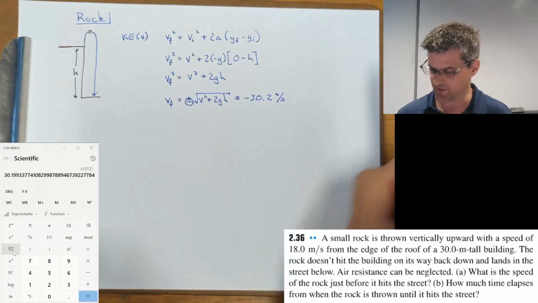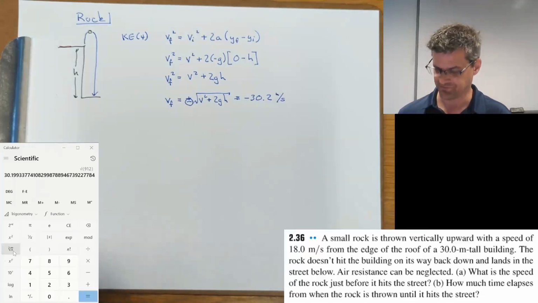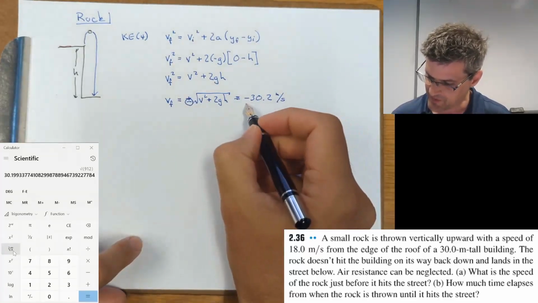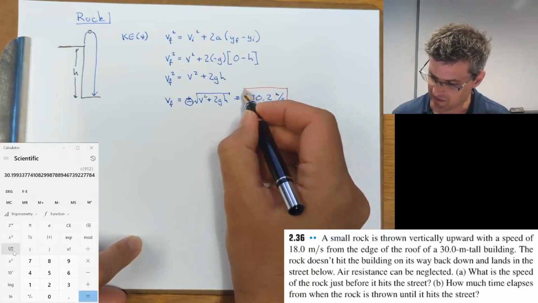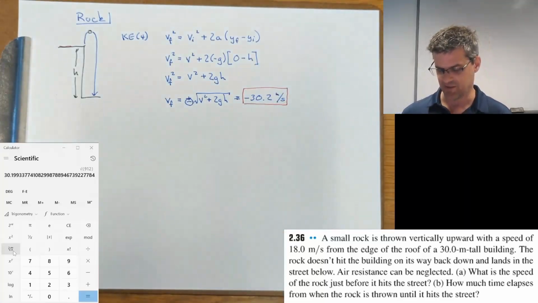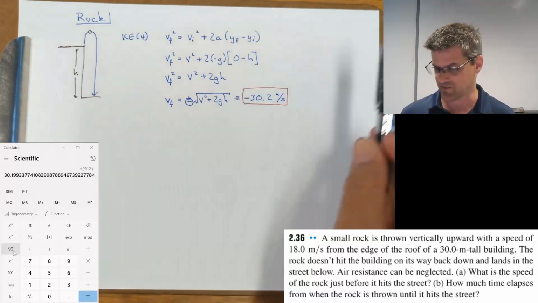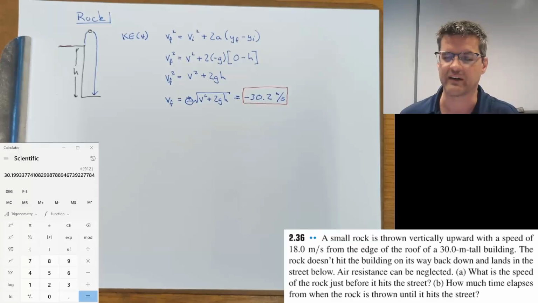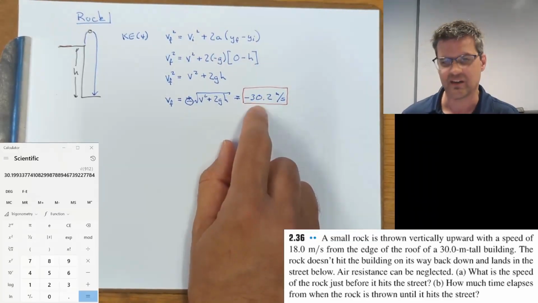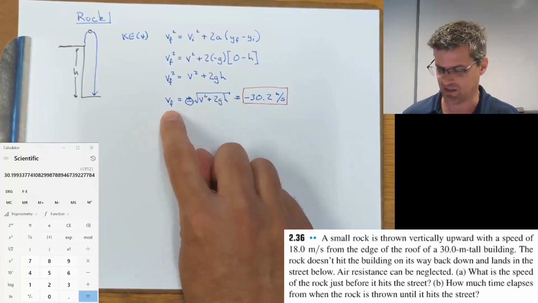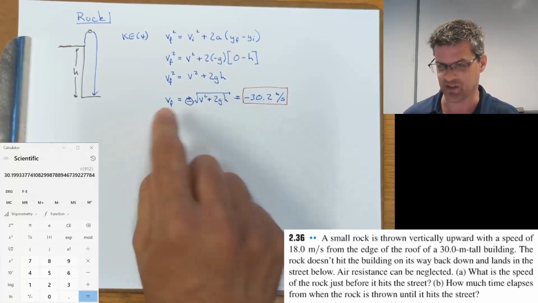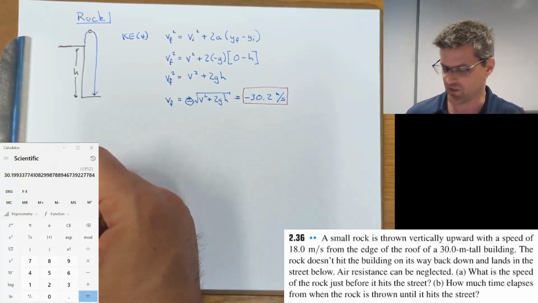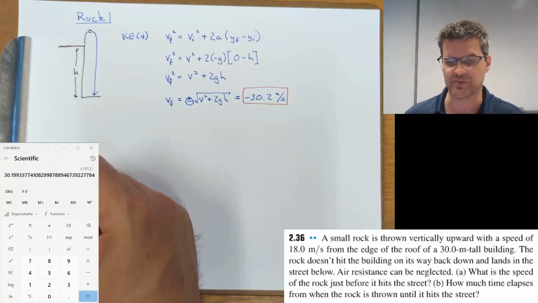That's what the final velocity is. The final speed is plus 30.2 meters per second because speed is a positive definite magnitude of velocity. Okay, so the problem asks for speed. The speed is the positive of this thing. Here I calculated the velocity. Velocity and speed aren't the same, but the speed is going to be plus 30.2 meters per second.